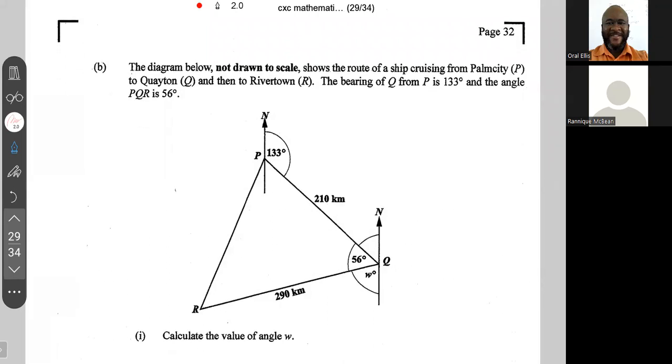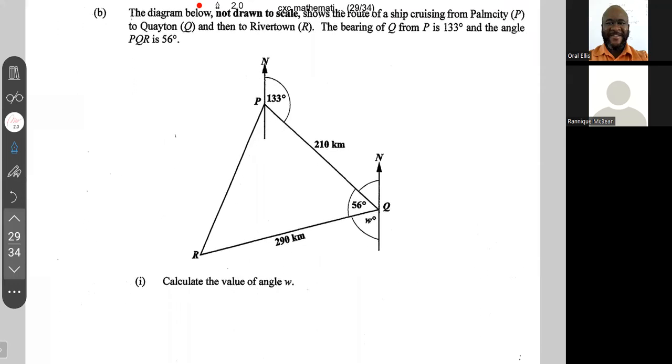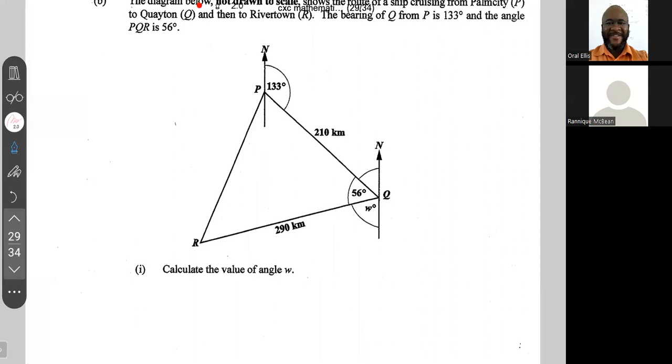The angle PQR is 56 degrees, that is also shown. We're to calculate W. Now, to calculate W, I'm going to use the fact that two north-south lines are parallel.